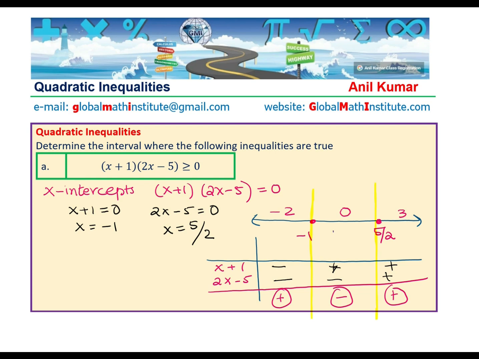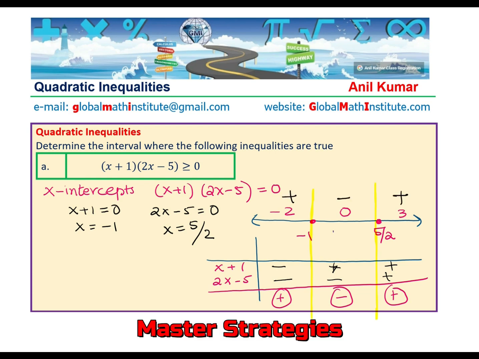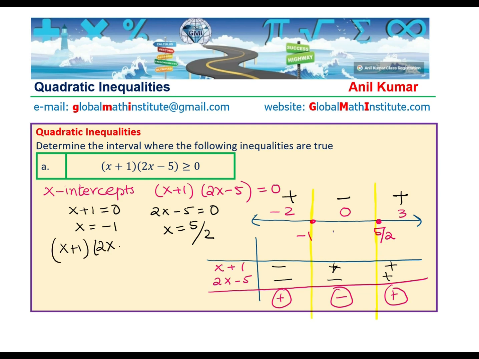So we can see on this sign graph that we have positive at the two ends and negative in between these two zeros. So the inequality, x plus 1 times 2x minus 5 greater than or equal to 0, will include the zeros and the two intervals on the sides.